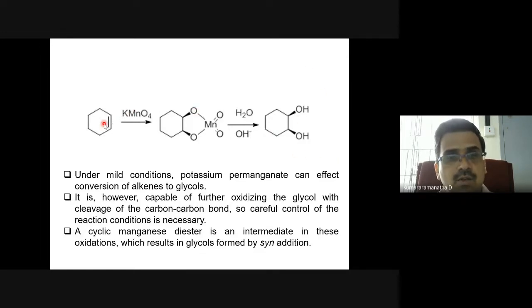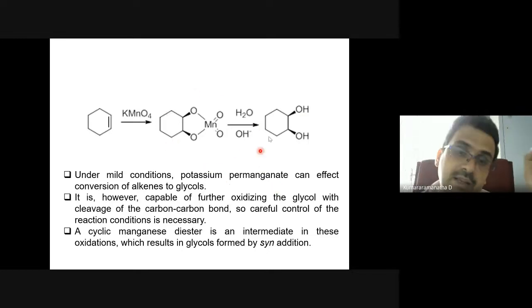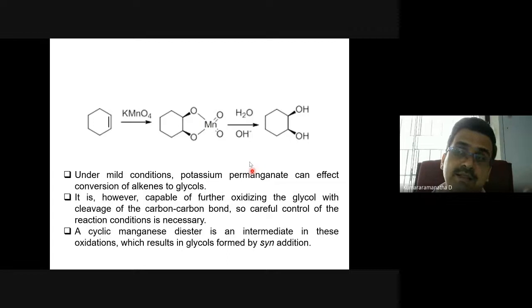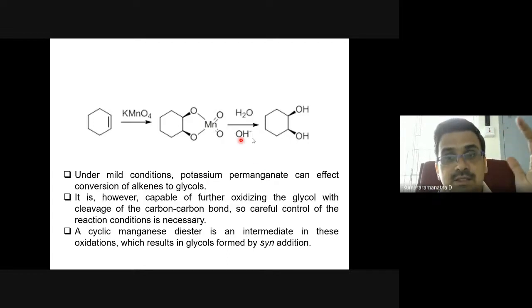So you have a double bond, add potassium permanganate, it forms this intermediate step, and then you end up getting glycols. Okay? So this is also very important. In this case, a cyclic manganese diester is important, which is driving towards diol formation.